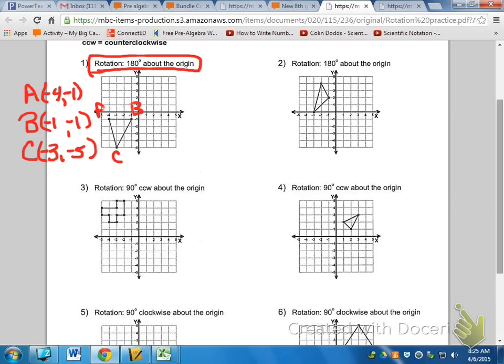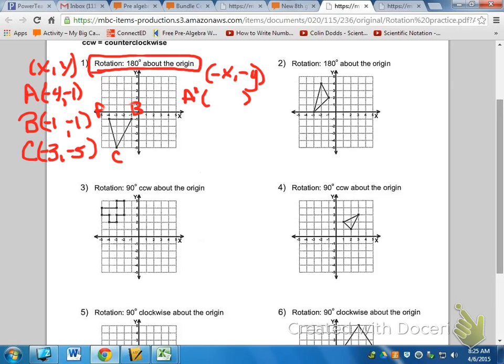Look back at your cheat sheet. When it's a rotation of 180 degrees, it takes the ordered pair from (x, y). What does it say that it takes it to? Negative x, negative y. Okay, so let's do that. When we have a transformation, how do you label the new points? Kayla? A prime. A prime. So let's do that also. A prime.